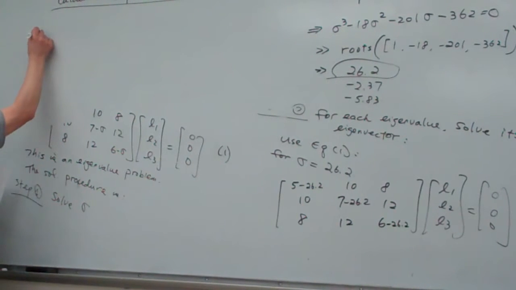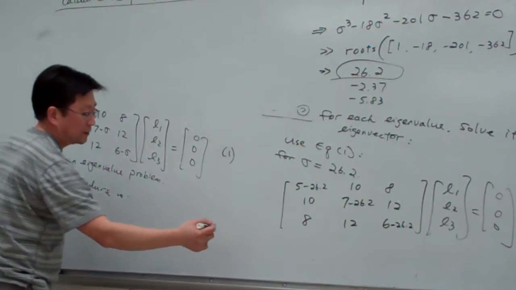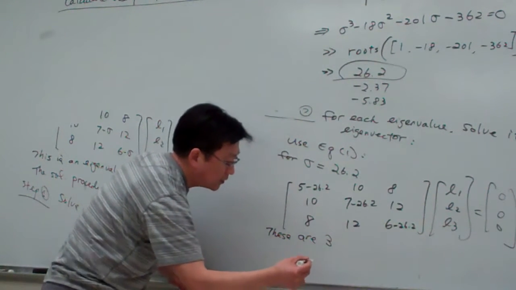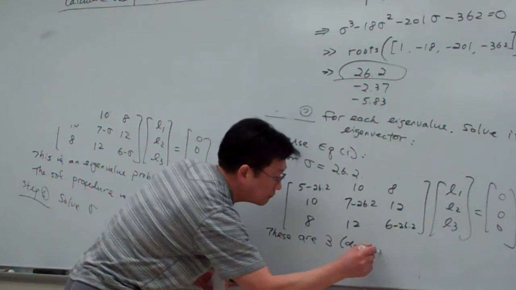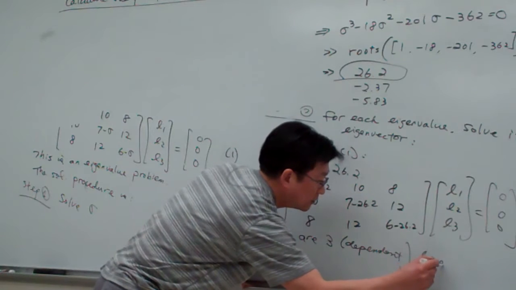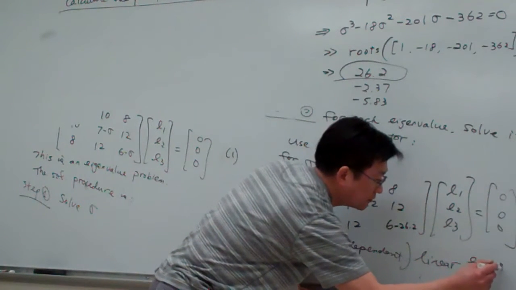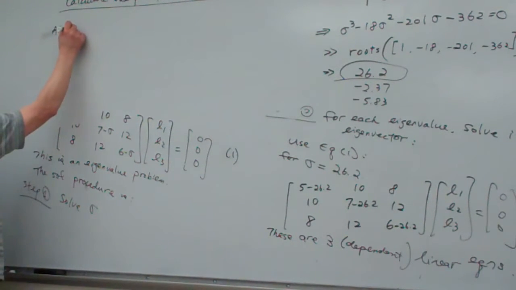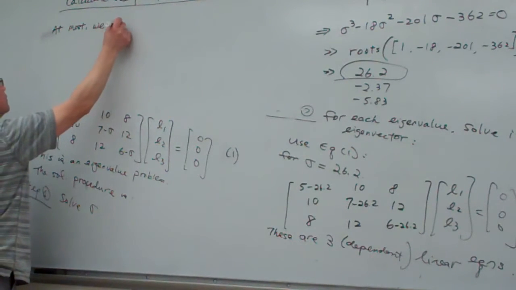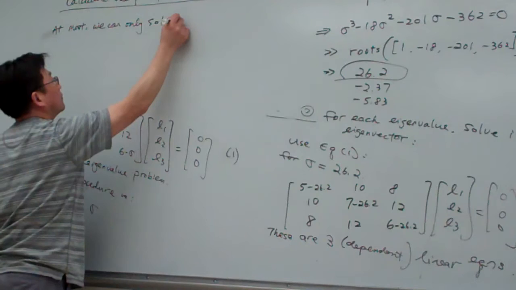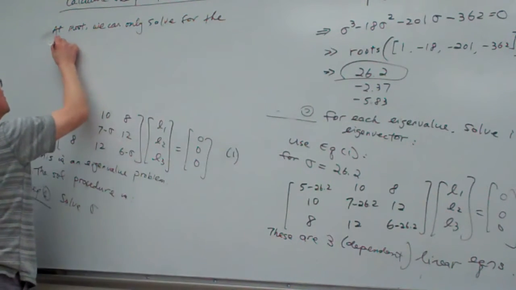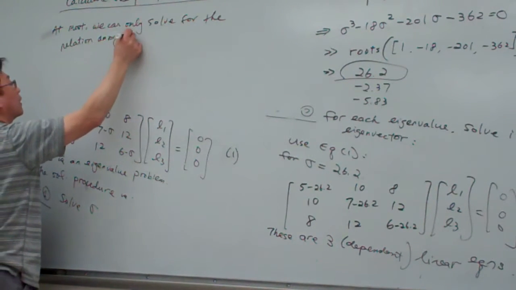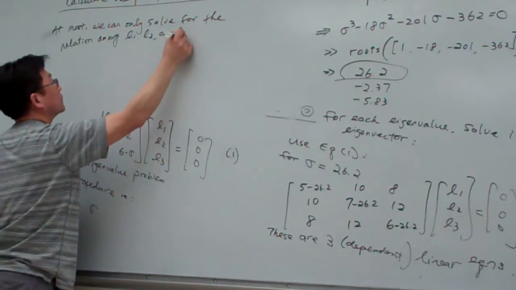Because here these are 3 dependent linear equations, at most we can only solve for the relations among L1, L2, and L3.